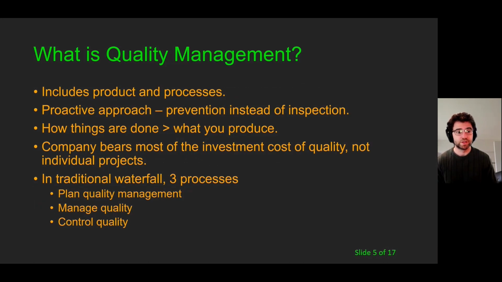What is quality management? So again, we talked a little bit about this before. It's equal parts the product itself. It's also the process used to actually make the product or actually deliver the service, right?